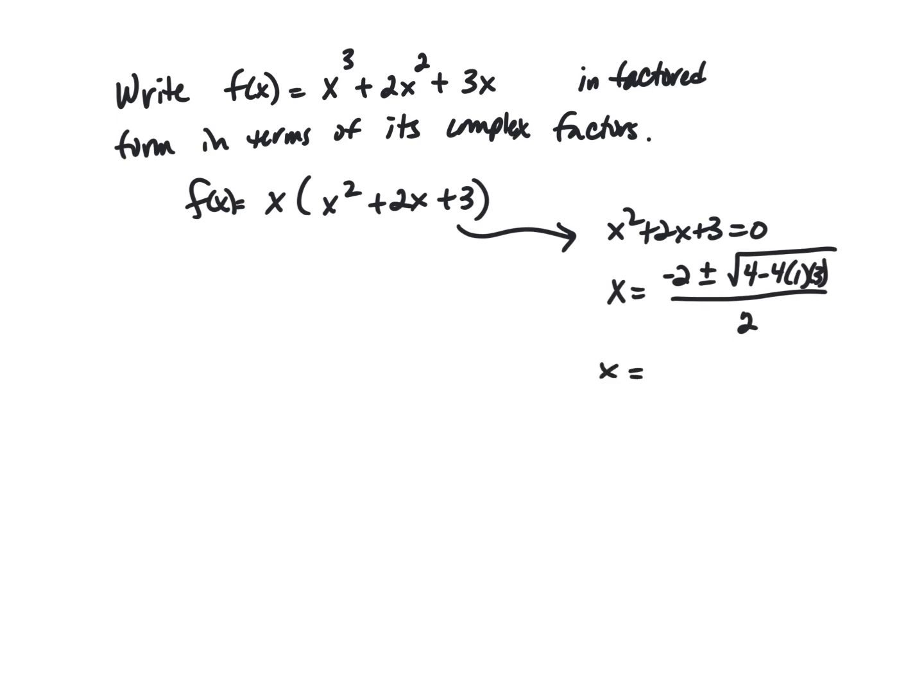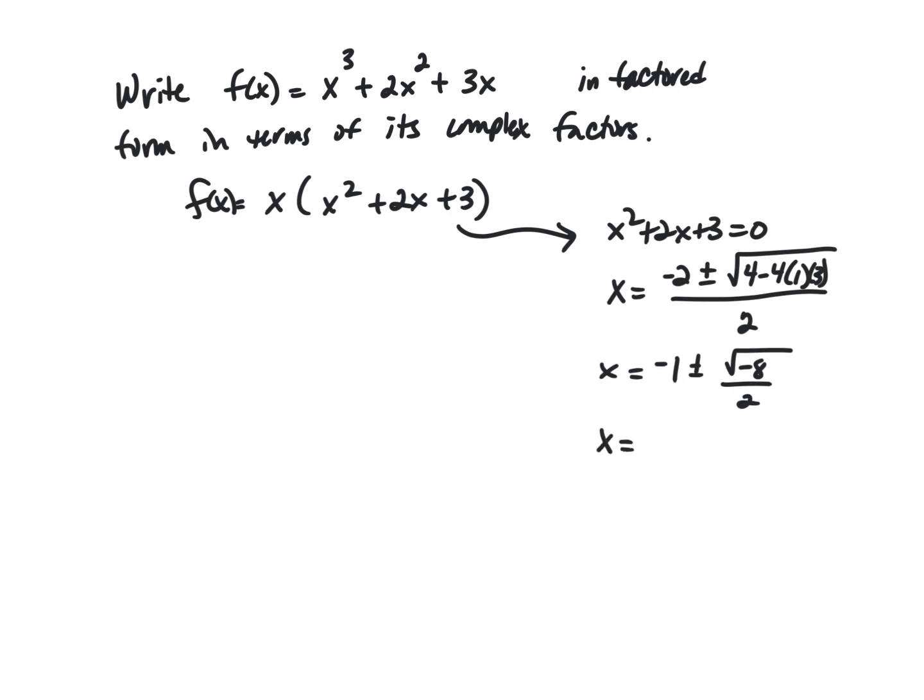So that's x equals, and I have to divide by 2, so negative 2 divided by 2 is negative 1, plus or minus the square root of, and if I evaluate that discriminant, I get 4 minus 12, which is negative 8. I still need to divide that by 2.